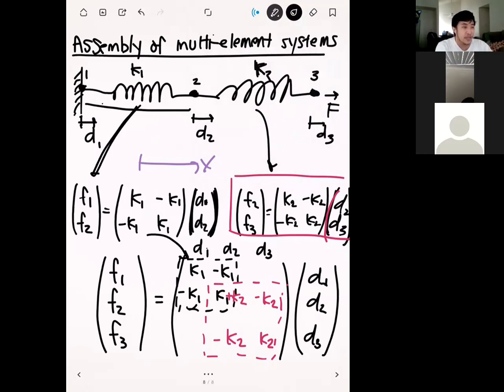In the previous example, we had the left node going to the left because we knew the force on that was going to the left as well, and that's why it was negative. But that same element stiffness matrix can still be applied here, even though the forces are going in different directions, because the positive x-axis is defined in exactly the same way.